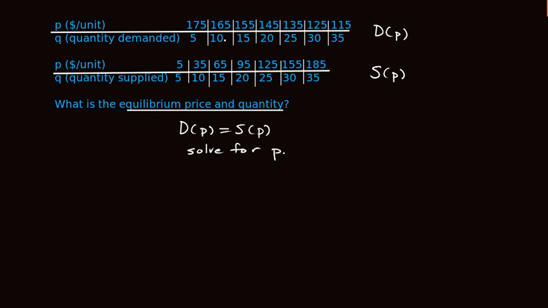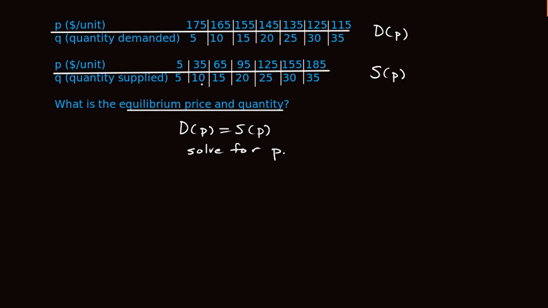So what's nice about these particular examples is that the quantity demanded and the quantity supplied are both linear functions of the price. In particular, notice that as we move the quantity up by 5 units, the price goes down by 10 units here.